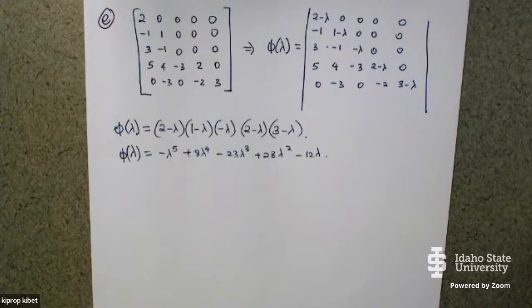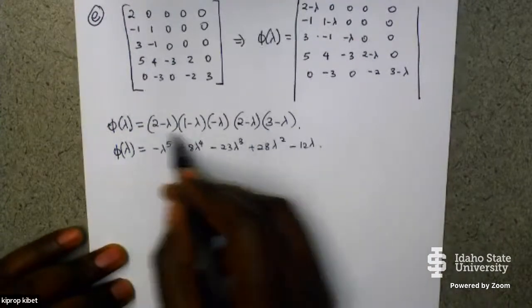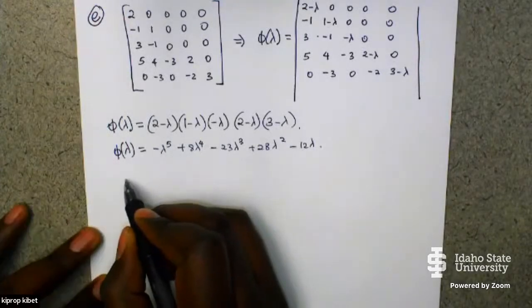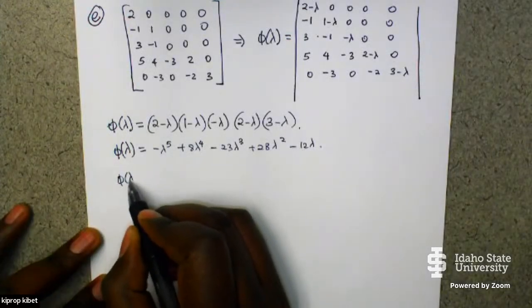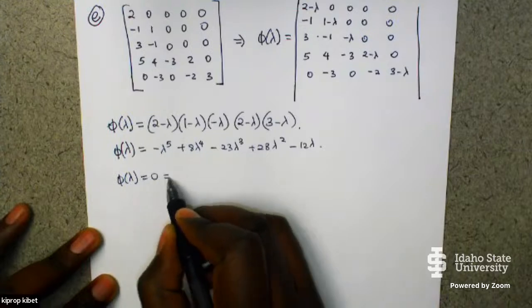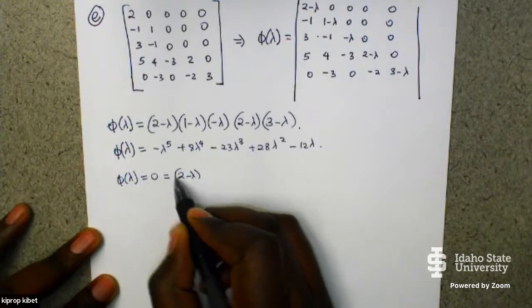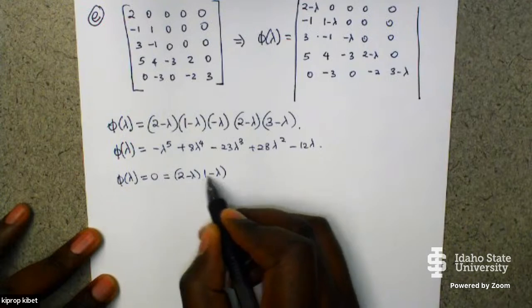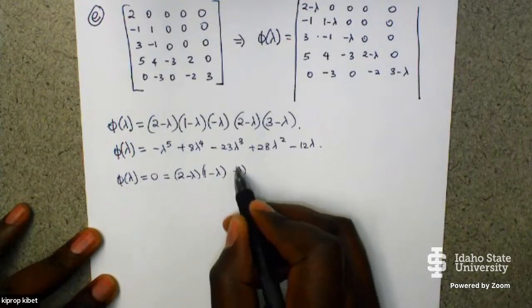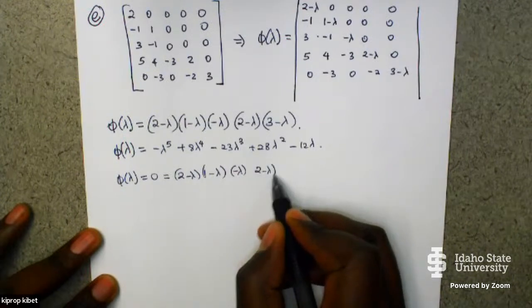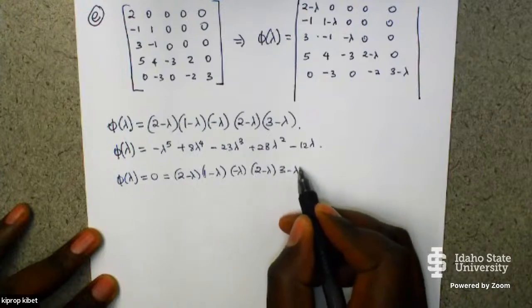So what is the characteristic equation? You just equate this one to 0. So 0 equals 2 minus lambda, 1 minus lambda, minus lambda, 2 minus lambda, and then 3 minus lambda.